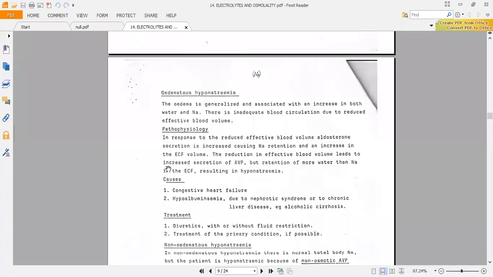All these ones, they appear edematous. Good. So they are saying that the treatment is fluid restriction, okay, and diuretics, okay. If you give diuretics, it causes them to urinate a lot and then reduce the amount of water in their system, and then you treat the underlying condition.